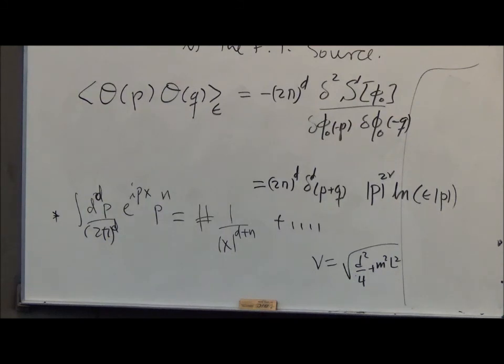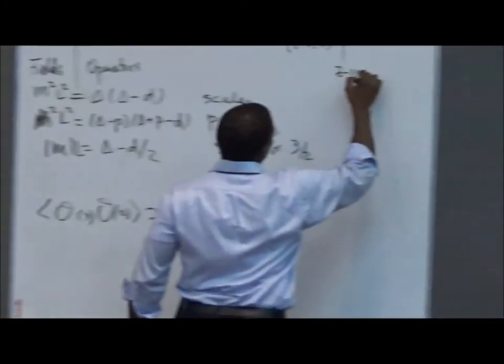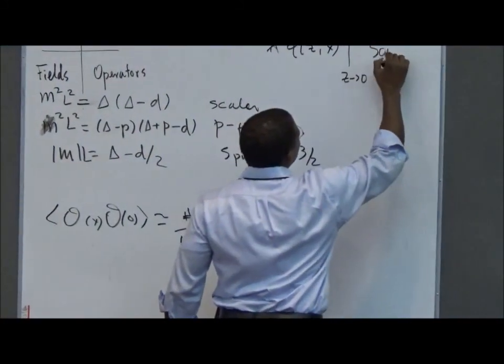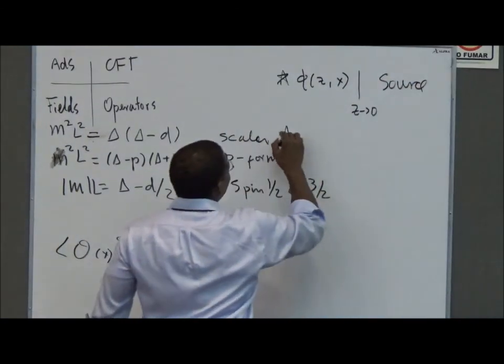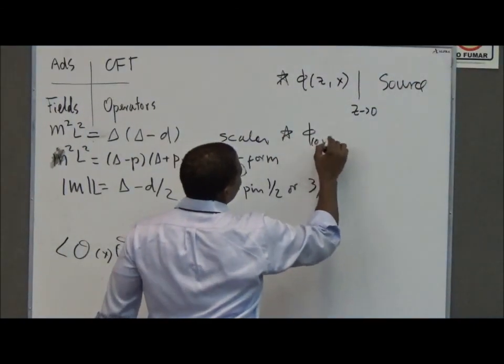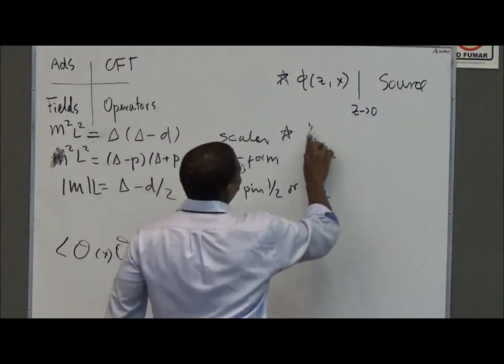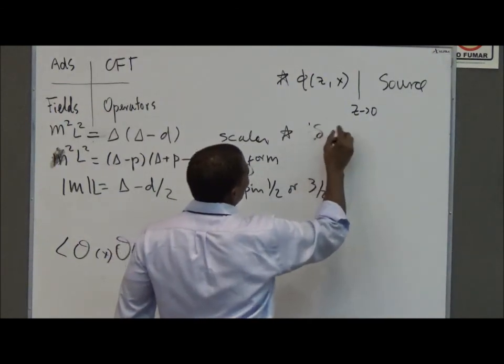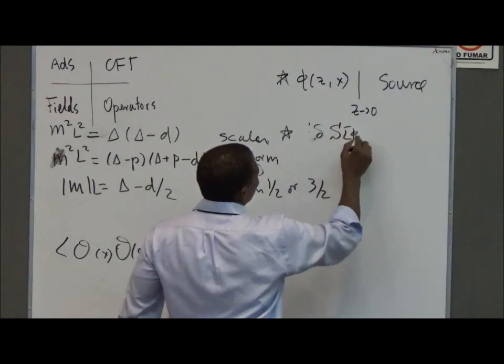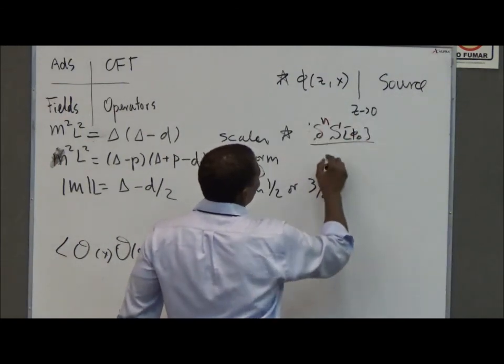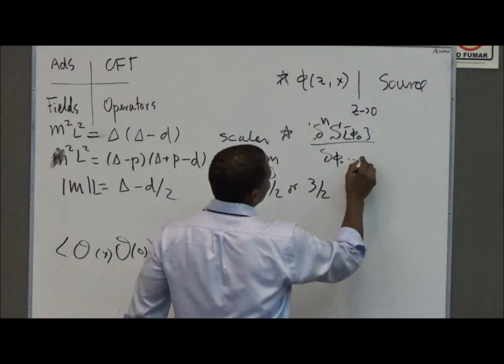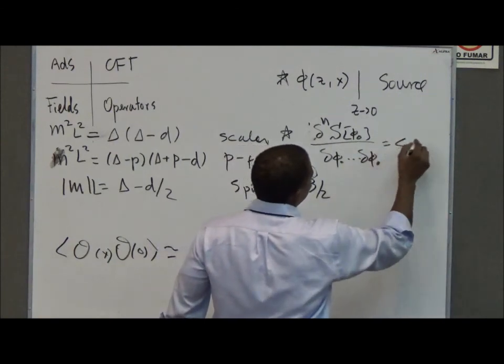We have learned two things from phi. As z goes to infinity, sorry, to the boundary, we get the source. And then using the source, differentiating the supergravity action with respect to the source, we get correlators.